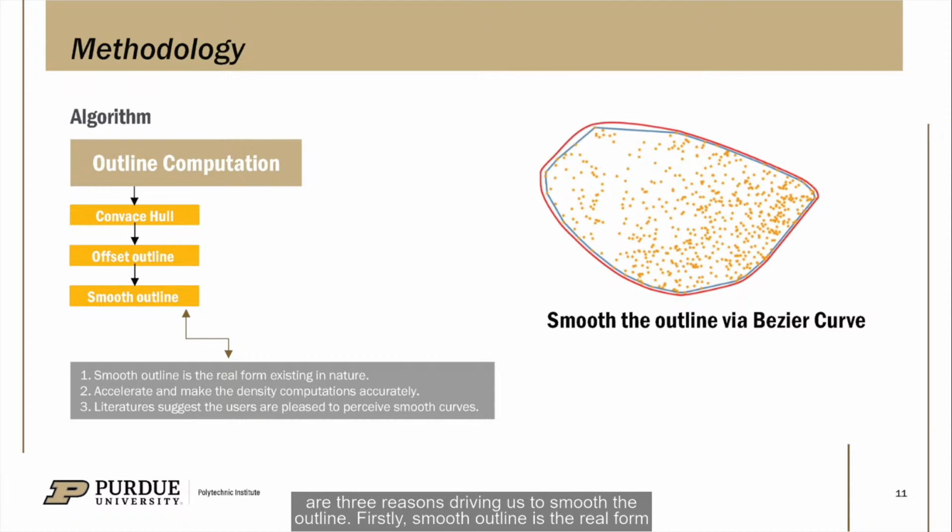There are 3 reasons driving us to smooth the outline. Firstly, a smooth outline is a real form existing in nature. Secondly, it could accelerate and make the density computations more accurate. Thirdly, literature suggests that users are pleased to perceive smooth curves.